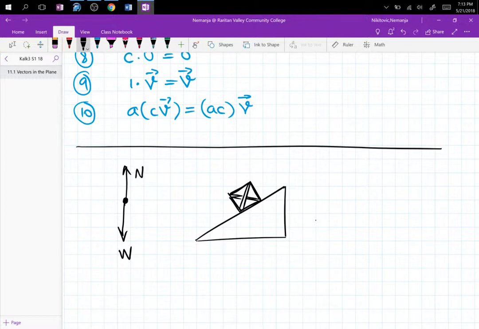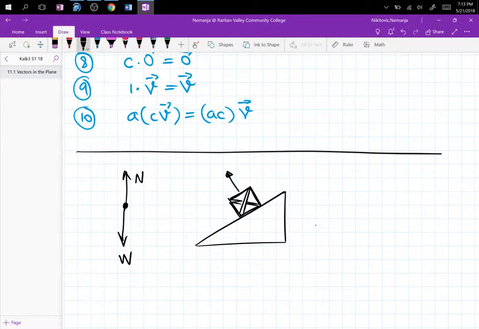So what do I have on this crate? We're going to have a normal force, which is going to be perpendicular to the surface. We are going to have the weight, which is always pulling directly down. We are going to have a friction force. The friction force is going to oppose the motion, which is down the incline.